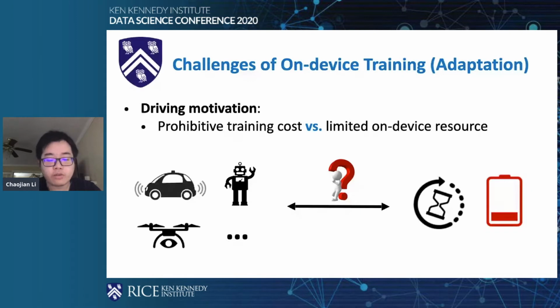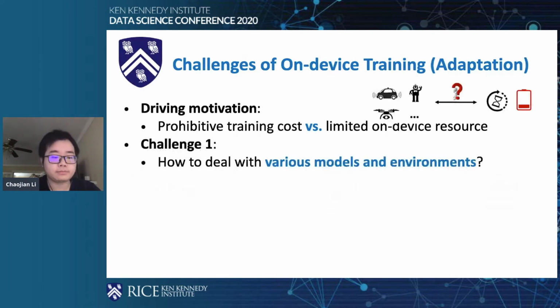Based on this driving motivation, in contrast to standard training, on-device training or adaptation needs to solve the following challenges. Challenge one is that there are various models and deployment environments. So how do we deal with such various models and environments with a general design? In other words, an automatic optimizer with a one-for-all feature is highly desired.